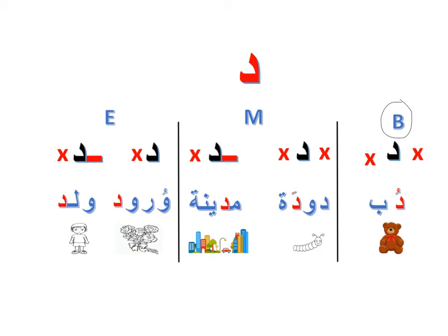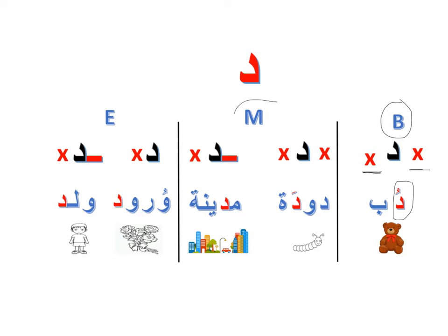So at the beginning, of course, we will have an X because it's at the beginning of the word and it's not joining any other letter. And on the left side, I have X because they never join any letter after. So this is how it looks at the beginning of a word with the vowel U, not joining from any side.